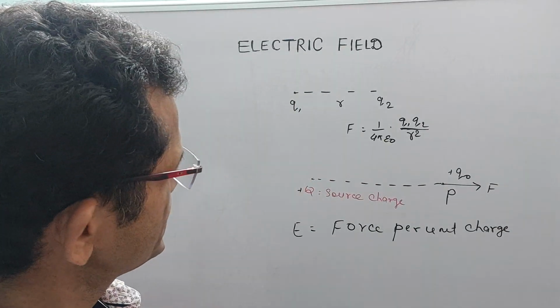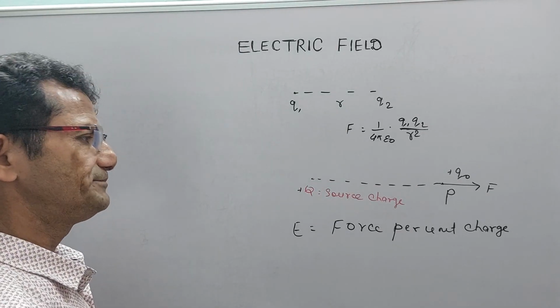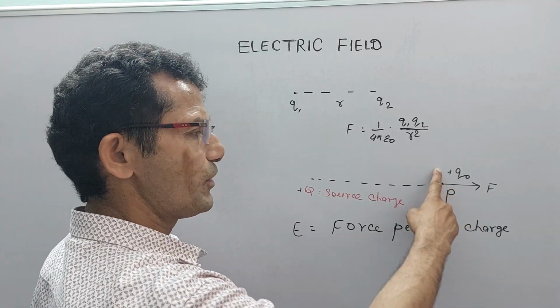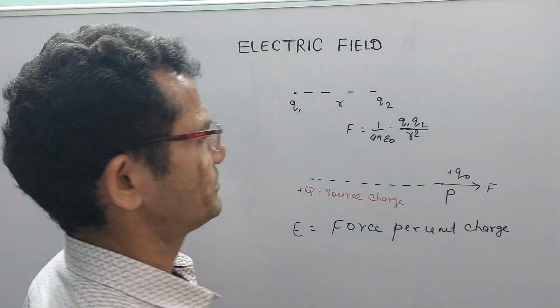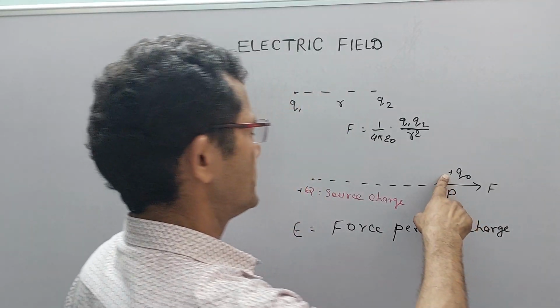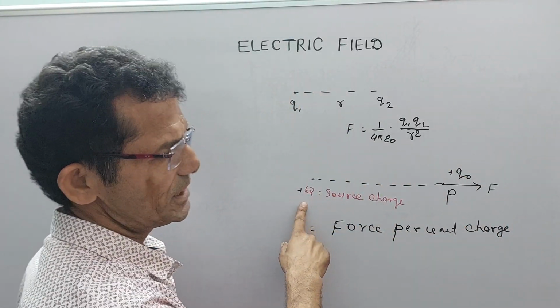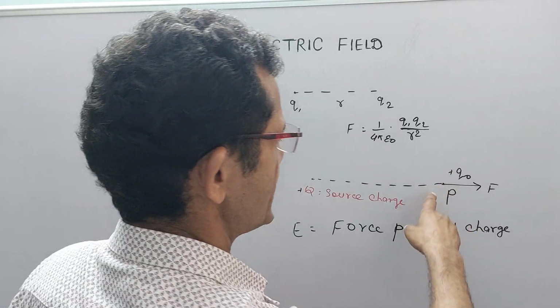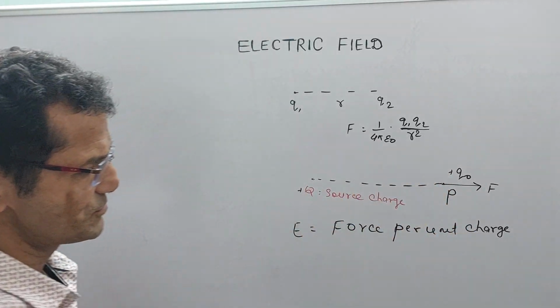In this case, we can measure how much force will be experienced by Q naught and what would be its direction when we freely place Q naught at the point P, whether it moves away from the source charge or moves toward it. It depends on whether they are like charges or unlike charges.